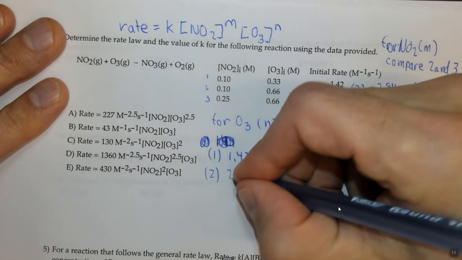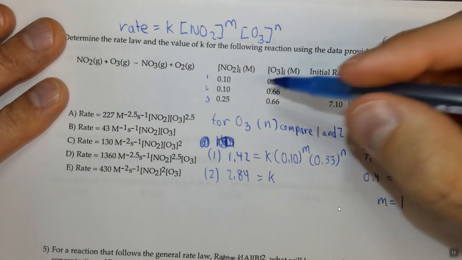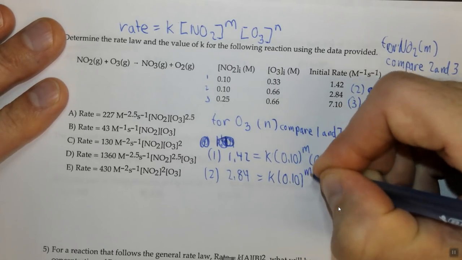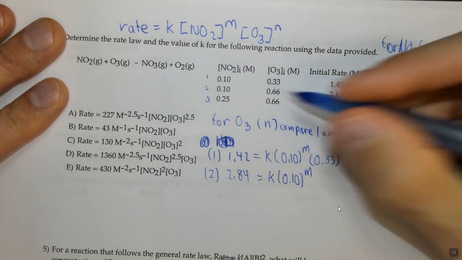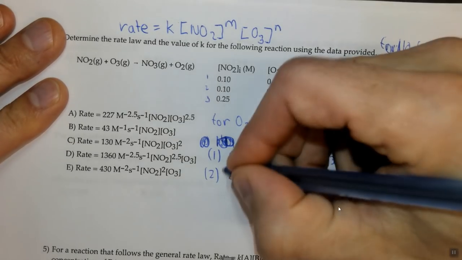Here the rate is 2.84 equals K. The NO2 is constant, 0.10 to the M. And this time, O3 is changed to 0.66 to the N.